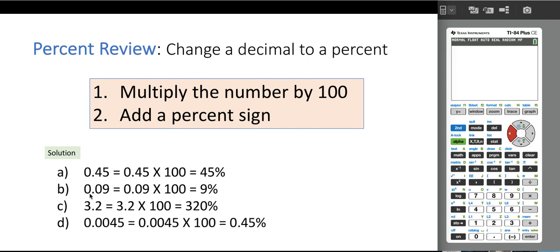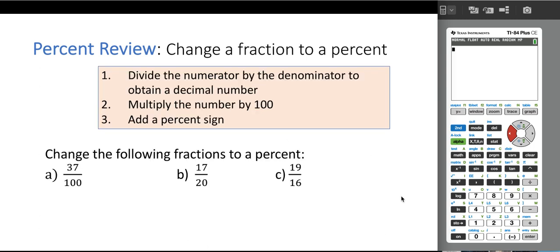The decimal number 0.09 is 9%. 3.2 is 320%, and 0.0045 is 0.45%. You might have remembered from high school or middle school that you're moving the decimal point 2 places to the right.